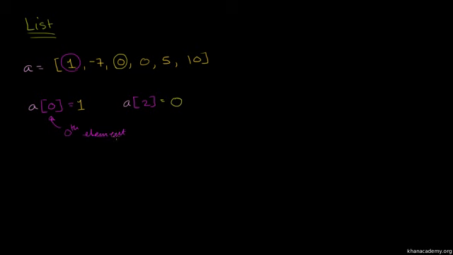But what's really cool with lists is that they don't all have to be the same data type. They could be all integers or all floats or all strings, but you could mix it up. So you could take A right over here and you could redefine one of the elements.